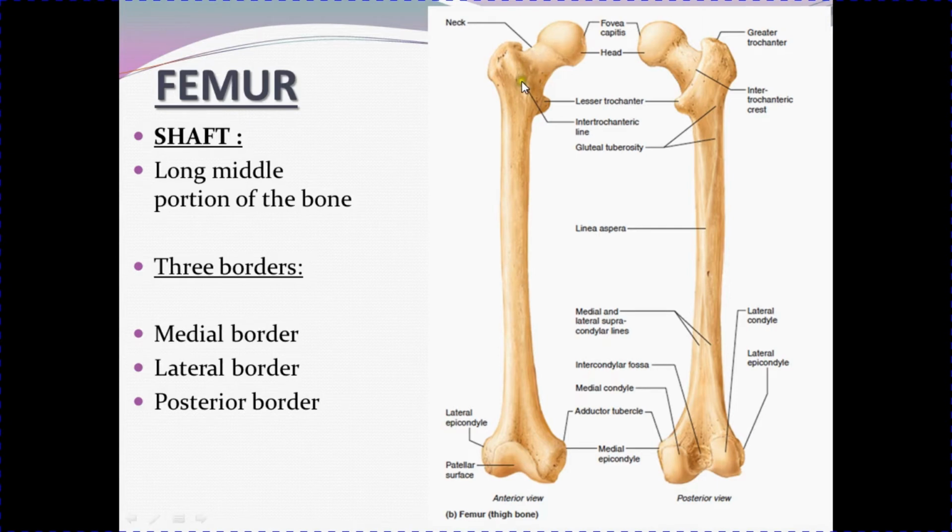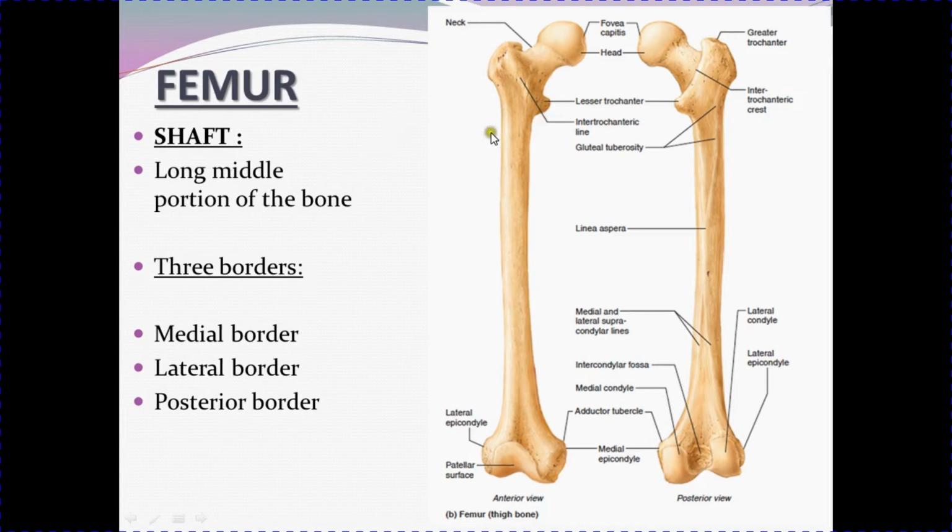The neck meets the shaft anteriorly at the intertrochanteric line and posteriorly at the intertrochanteric crest. The greater trochanter is a large prominence and the lesser trochanter is a small prominence present on the medial side.